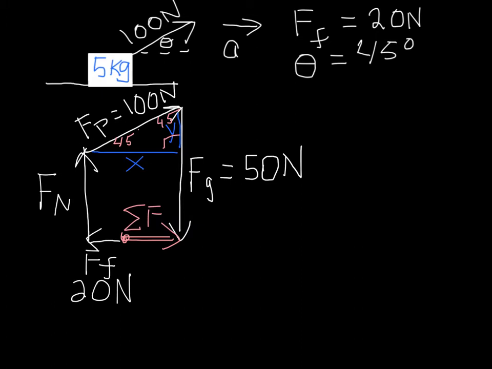What that's going to do is make this side 1, this side 1, and this side square root of 2. Those are the ratios of the sides.